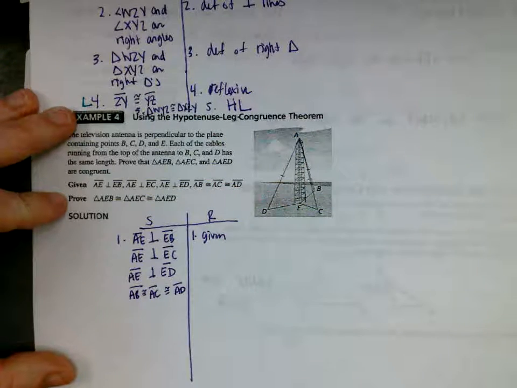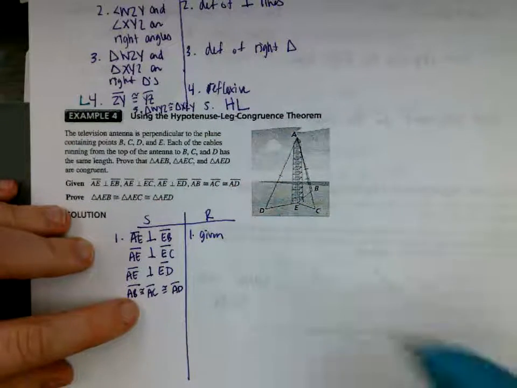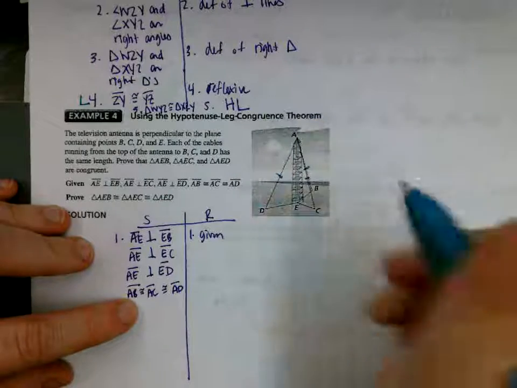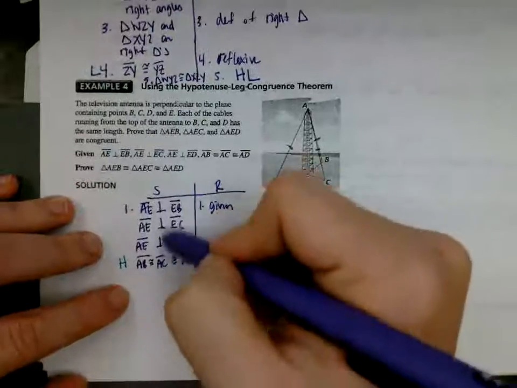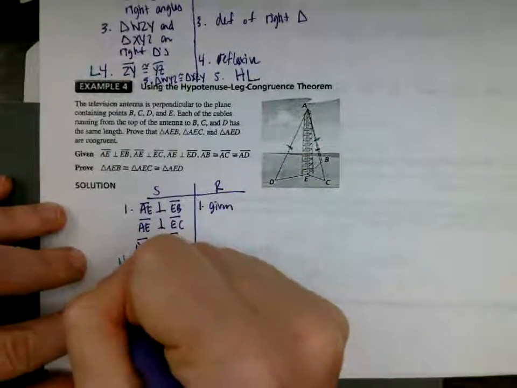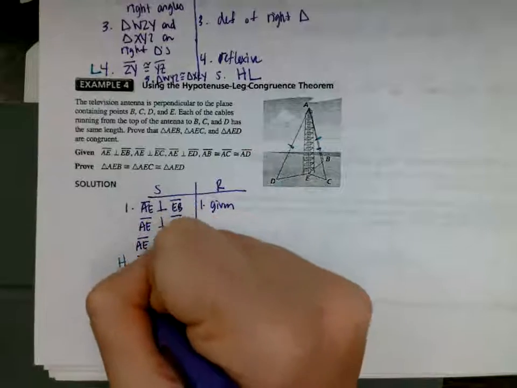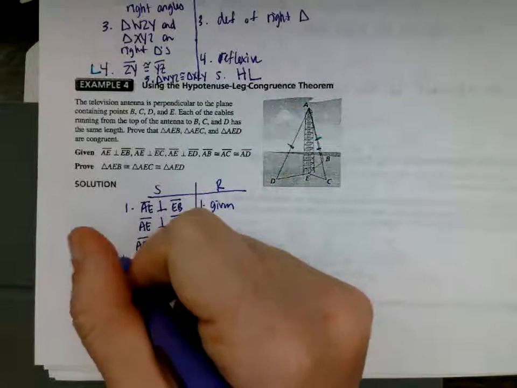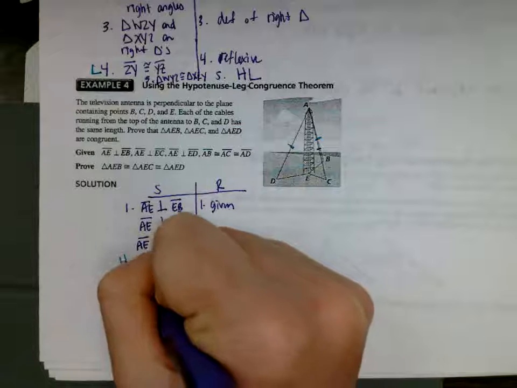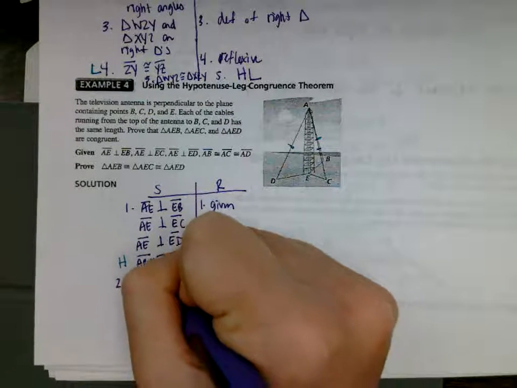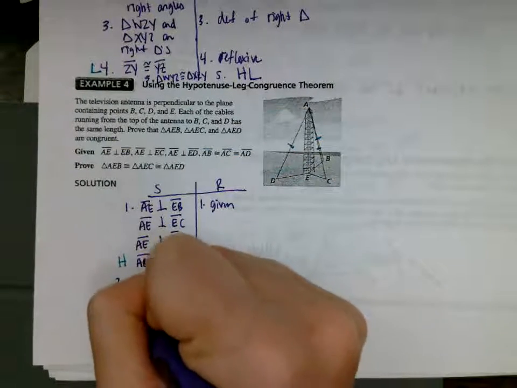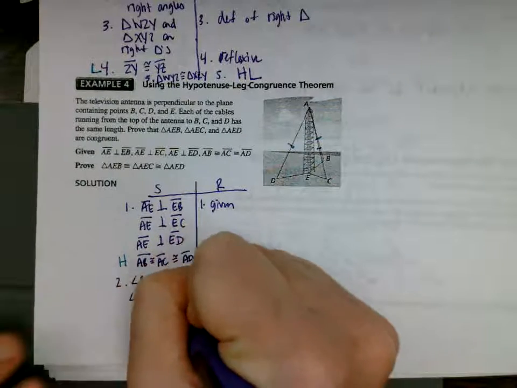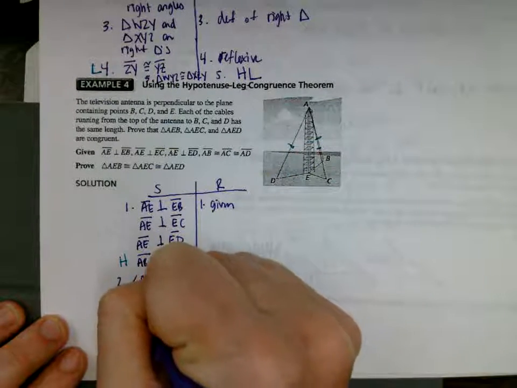So I can see it here, but if you need to fill it in again, I can tell that this is a hypotenuse. And I can tell here that I'm going to have right angles. So in step 2 then, I have angle AEB, angle AEC, and angle AED are all right angles.